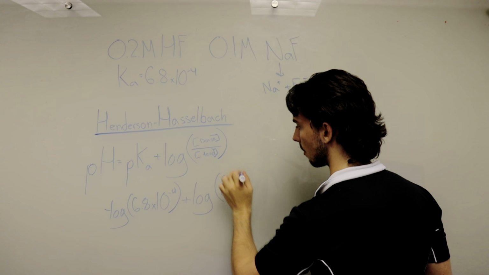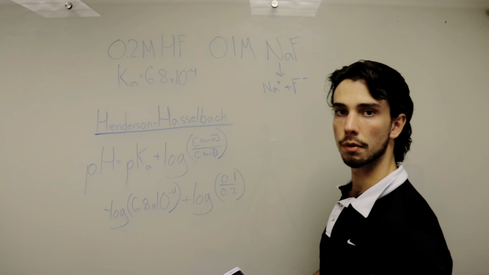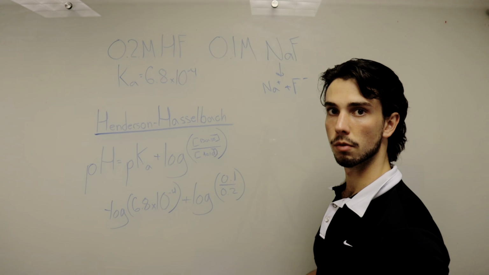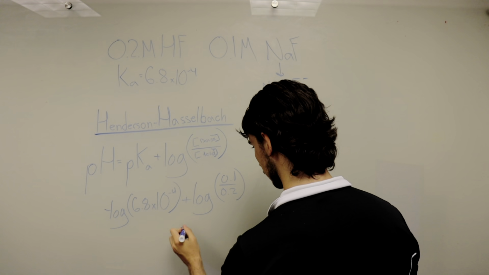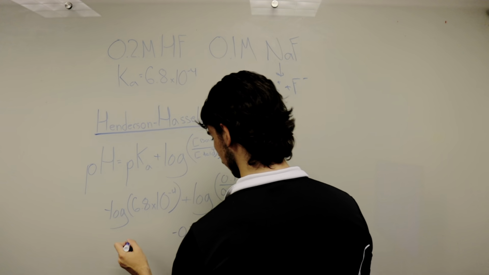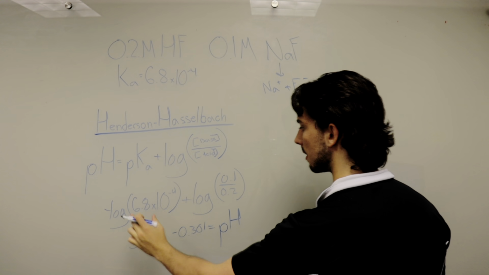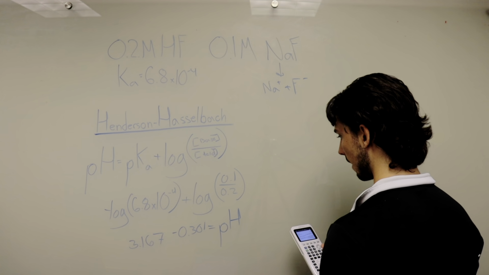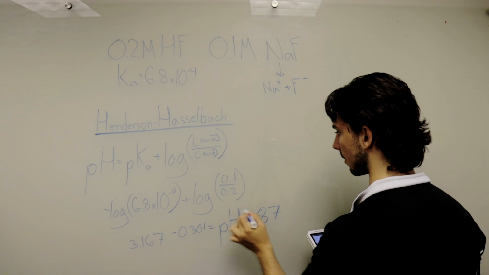So now that we have all of our values plugged in, we can go ahead and start simplifying, and we'll see what our pH is when we get this figured out. Alright, so now that we have everything simplified, we get as our final answer a pH of 2.87.